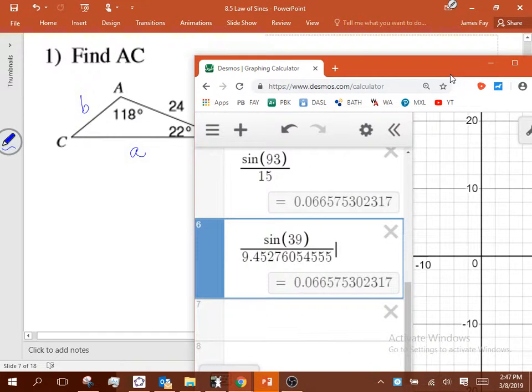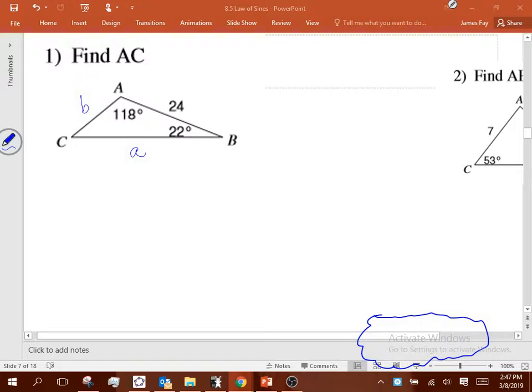How we do this? How we do this? Yes. Go 2 decimal places.